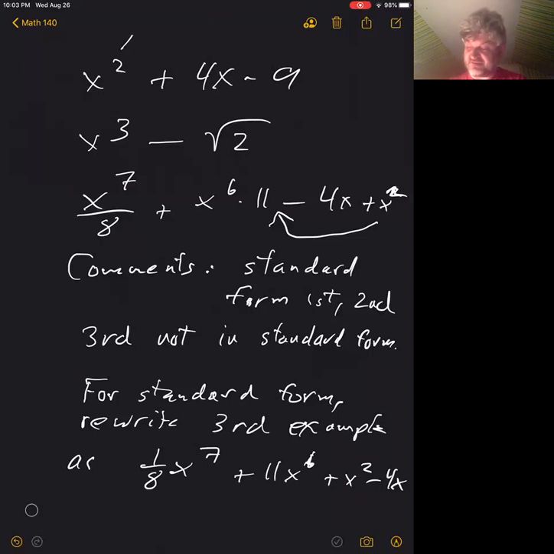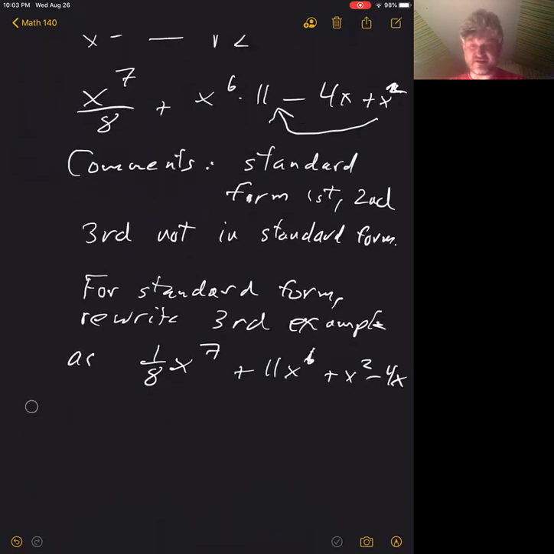So I have placed the x squared in the spot where it belongs. I have moved the 11 in front of the x to the 6. And I've rewritten x to the 7 over 8 as 1 over 8 times x to the 7.